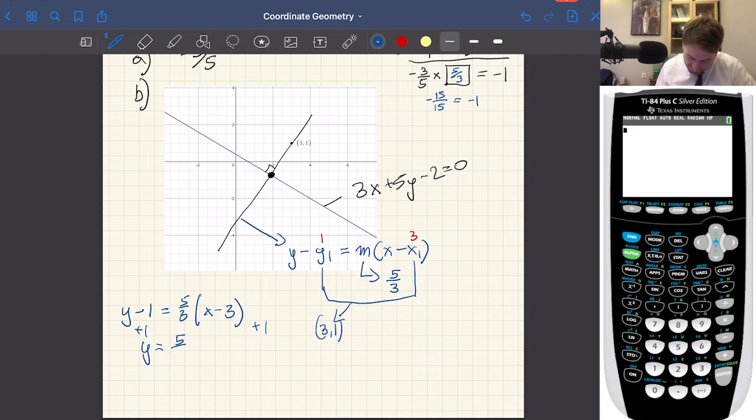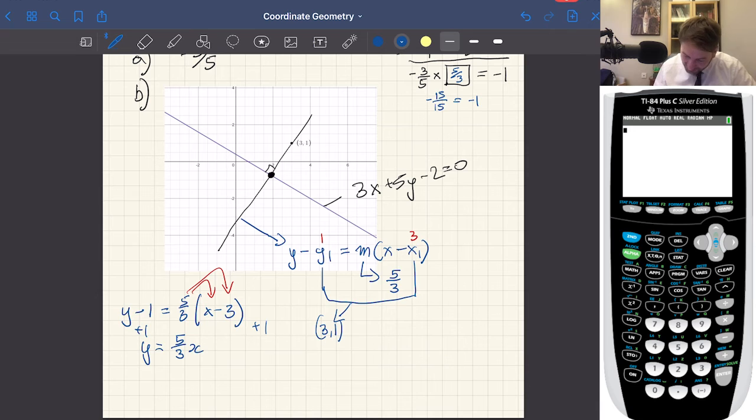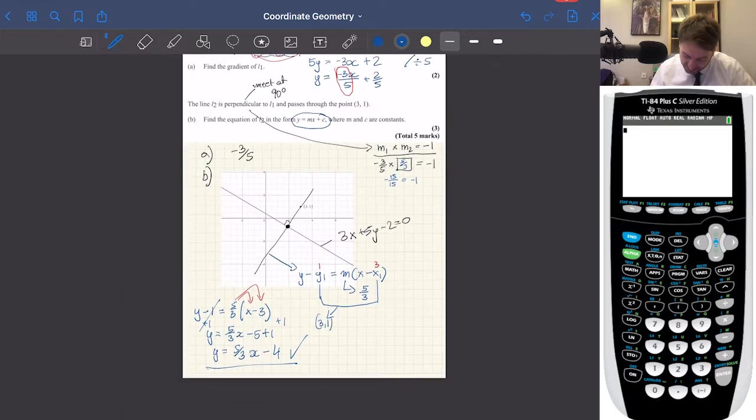So 5 over 3 times x, and times this one, so 5 over 3x and 5, the 3's will simplify, and it will be 5 and then plus 1 because that will cancel, and we got 5 over 3x minus 4, and this is our answer for that question.